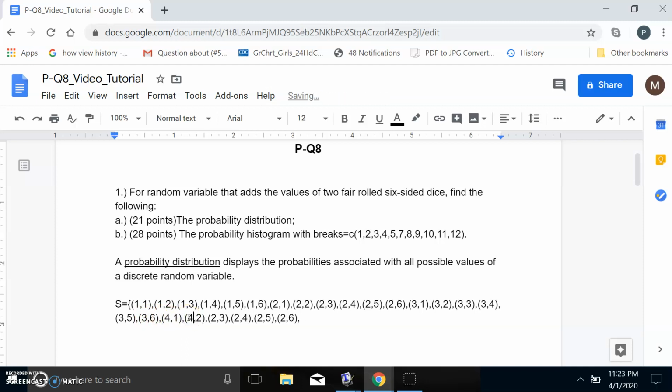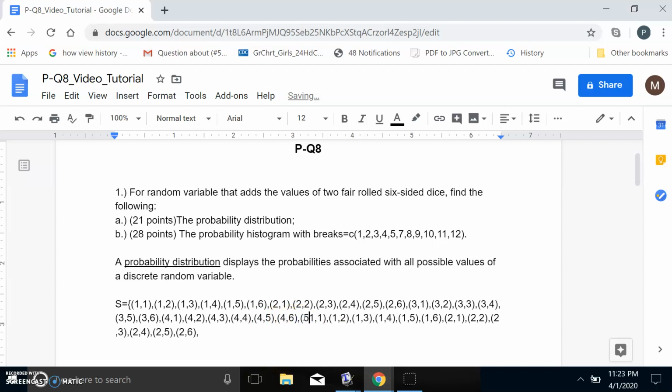Then 4, 1, 4, 2, 4, 3, 4, 4, 4, 5, 4, 6, and paste it again.